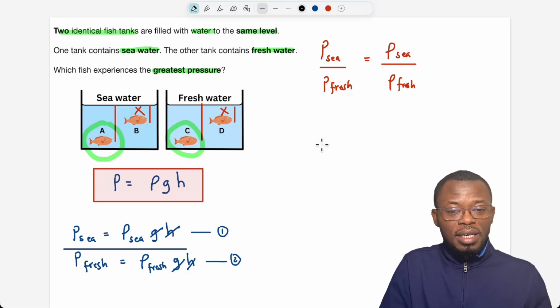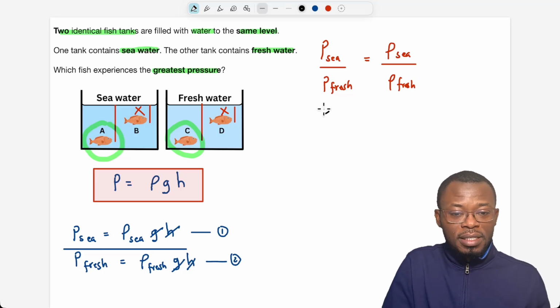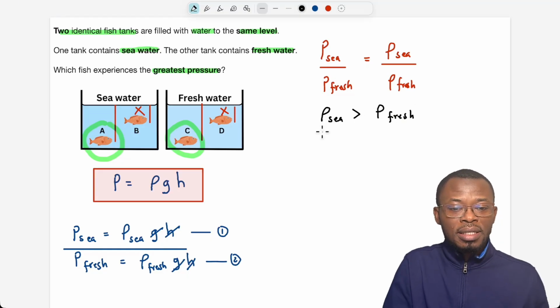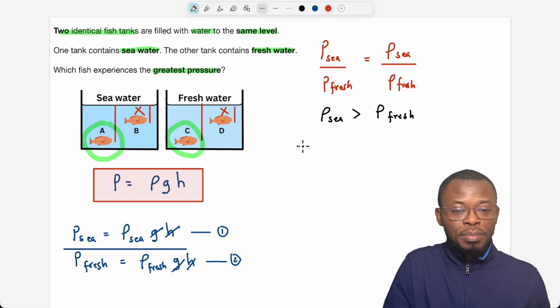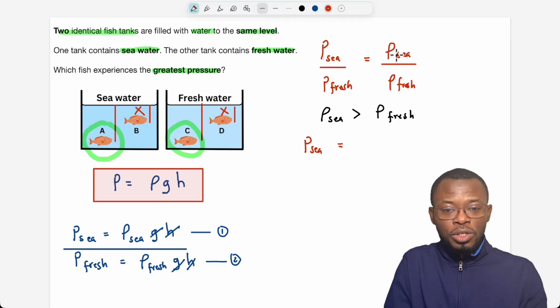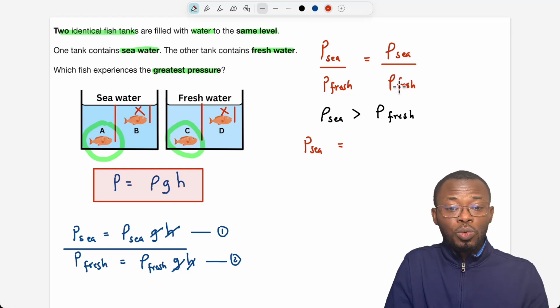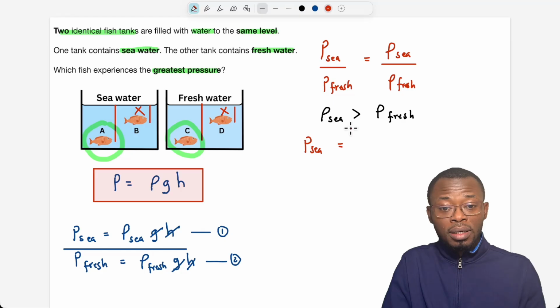Now, for this case, we know that the density of seawater is greater than the density of fresh water. All right. So with that, we can see that the pressure experienced by the fish in the seawater is going to be equal to the ratio, the density of the seawater divided by the density of the fresh water, which will give us a number greater than 1, right?